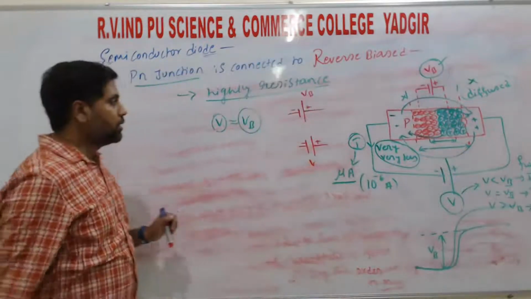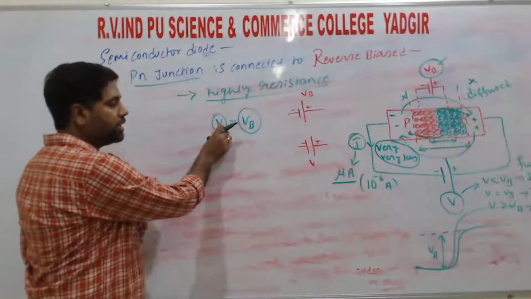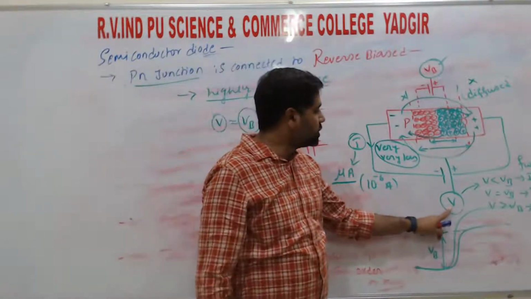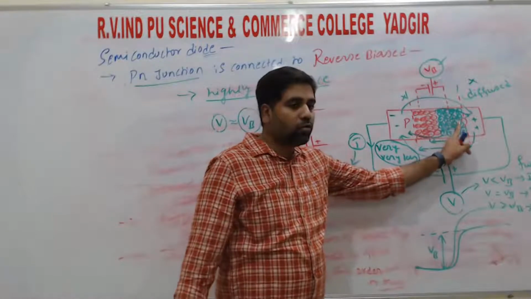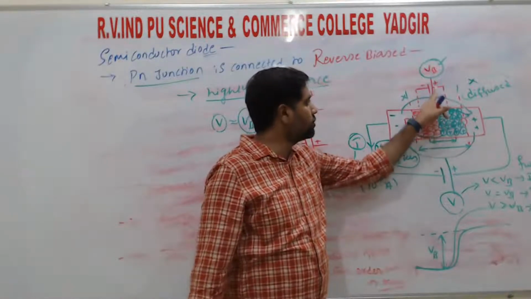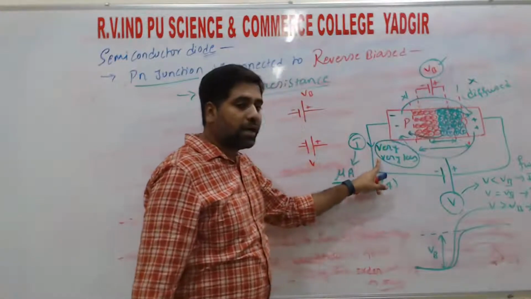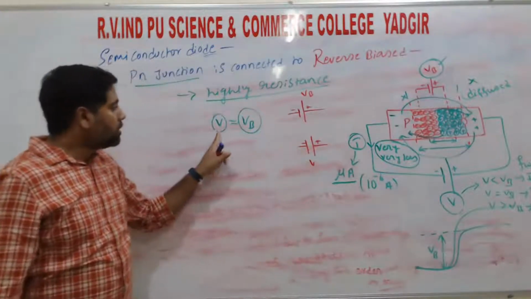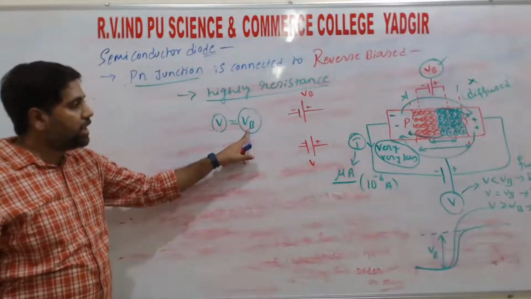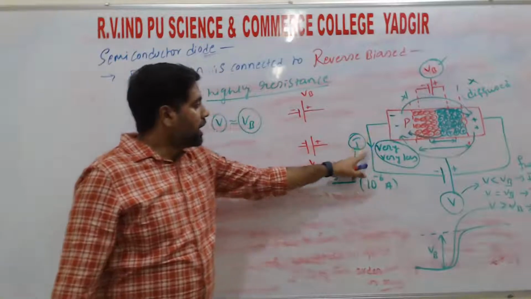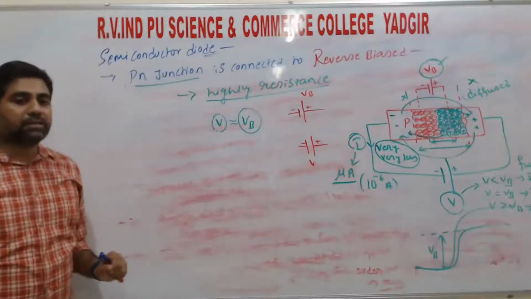In reverse bias, if the applied potential is less, then there will be no chance to cross the potential barrier, right? Hence the current is 0. When this potential is nearly equal to the barrier potential, the current is very less.